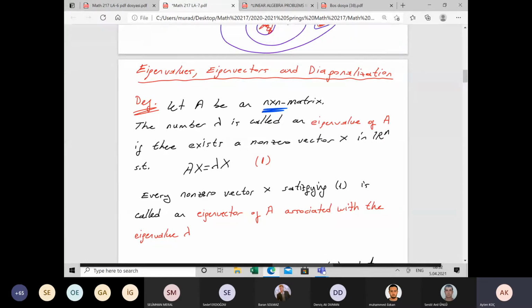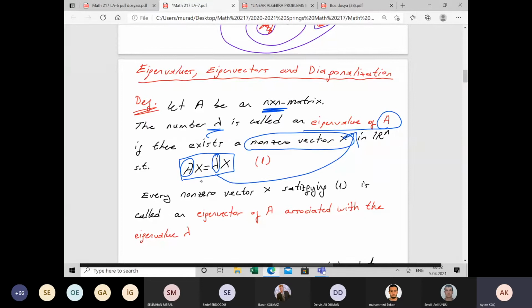Lambda is called an eigenvalue of the matrix A if there exists a non-zero vector x such that lambda and x satisfy this equation. A is our matrix here, lambda is a scalar called the eigenvalue, and x is the eigenvector. This vector is non-zero, it is important: non-zero vector x. Our aim is to find x and lambda.